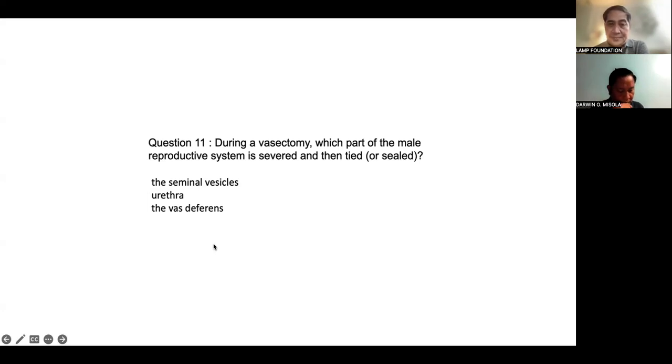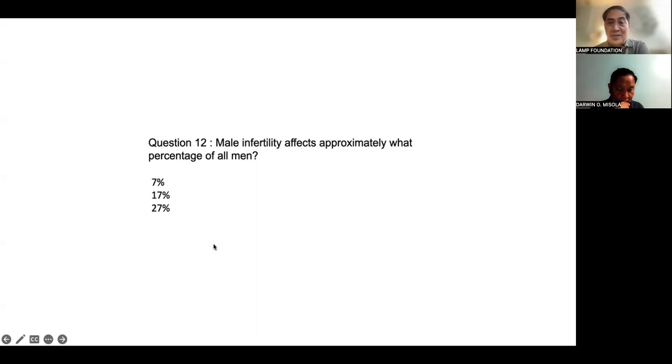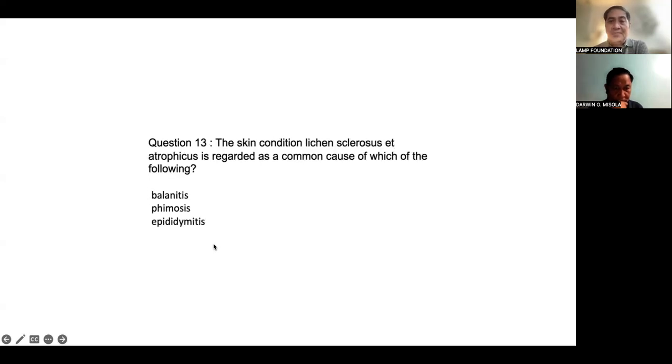The vas deferens, Doc. Vasectomy. Male infertility affects approximately what percentage of all men? 7% po, Doc. The skin condition lichen sclerosus et atrophicus is regarded as a common cause of which of the following? Phimosis po, Doc.